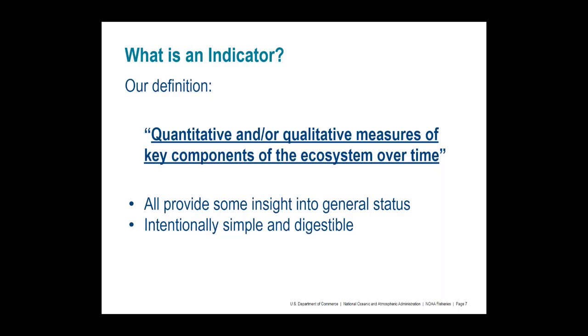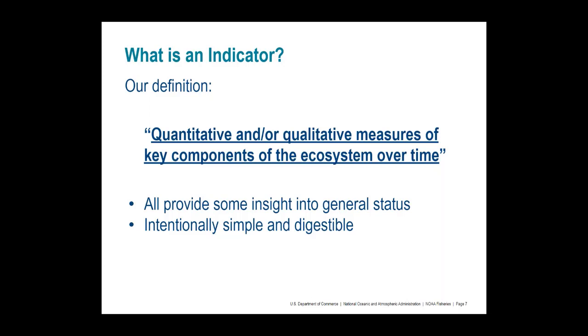But these increasingly complex challenges are the status and trends of the ocean and coastal ecosystems that we rely on as humans are critically important for monitoring and for just general knowledge of anybody who's affected by the ocean in the US.